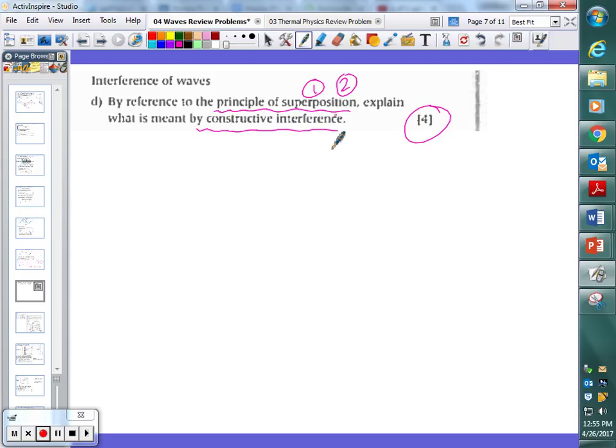That would probably be point 1 and point 2, okay? Superposition says you can be in the same place at the same time, and when that happens, we have amplitudes that add together. That would be my guess as far as point 1 and point 2 on this 4-point question. Okay? Points 3 and 4 there.